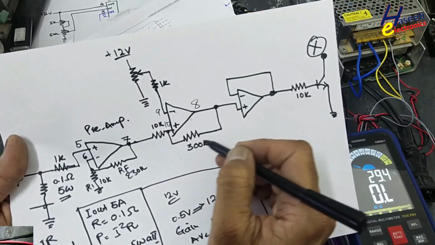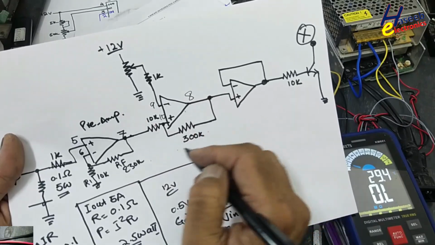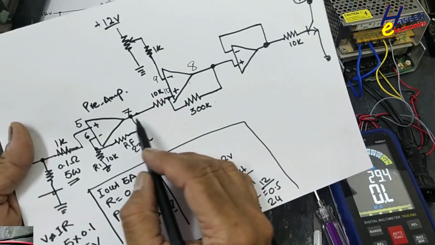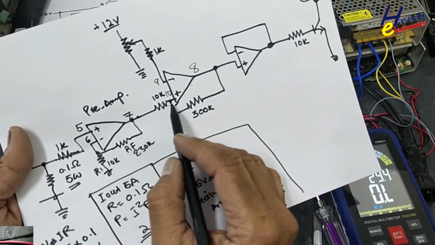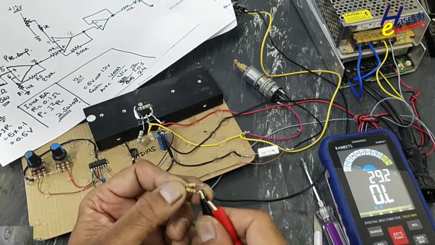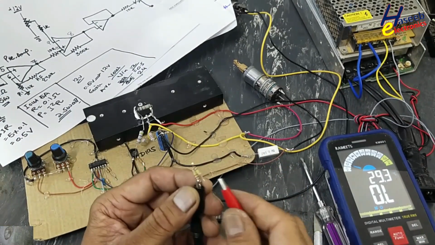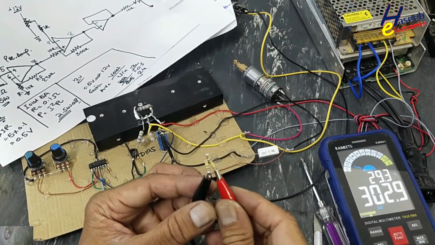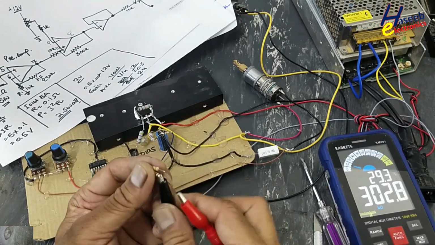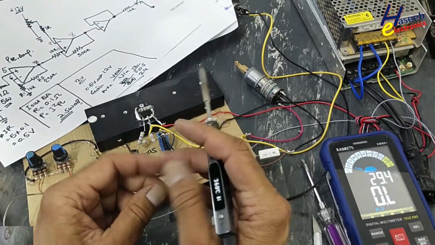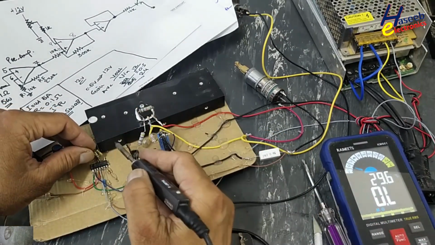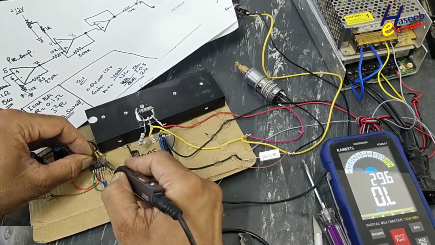We need 300k between pin number 8 and pin number 10. And we will connect this network, 150k, two resistors in series. It is 300k. 10k resistor at pin number 10 and pin number 7.